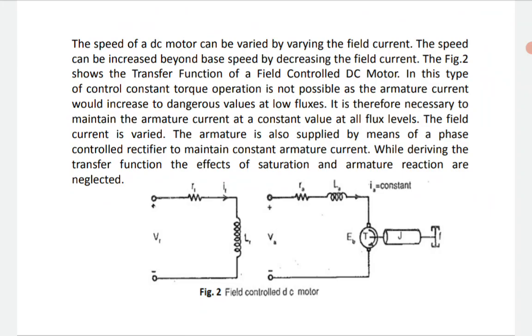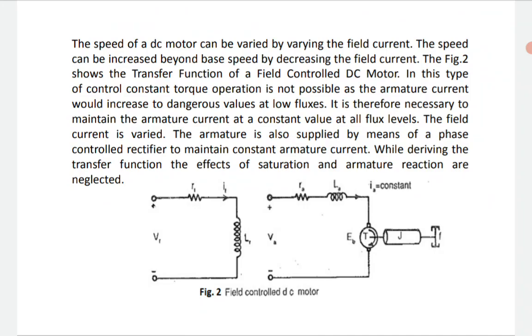In this type of control, constant torque operation is not possible, as the armature current would increase to dangerous values at low fluxes. It is therefore necessary to maintain the armature current at a constant value at all flux levels. Then only we can proceed further.